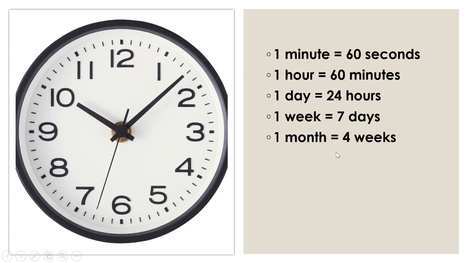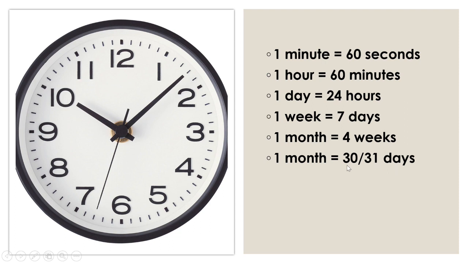Month. 1 month has 4 weeks. Children, actually, a month has slightly more than 4 weeks. How? Because 1 month has either 30 or 31 days.